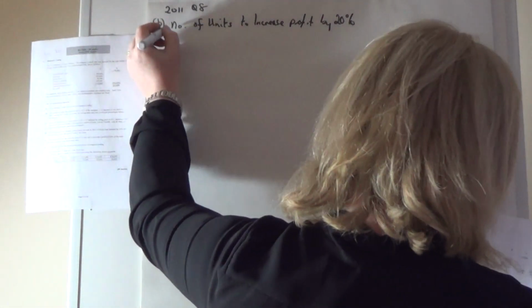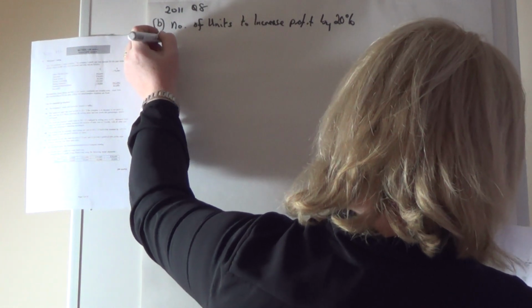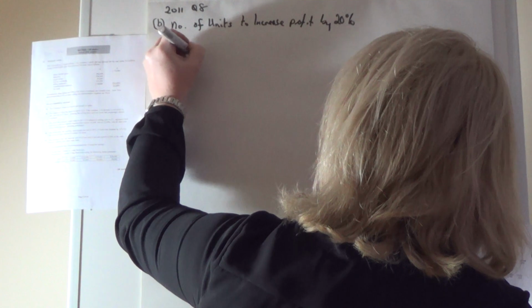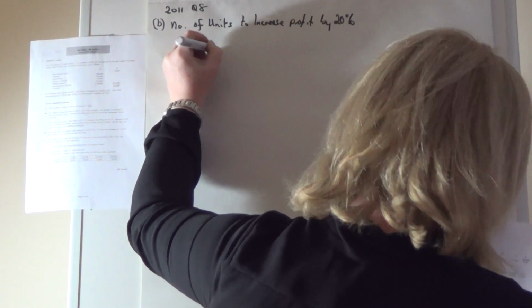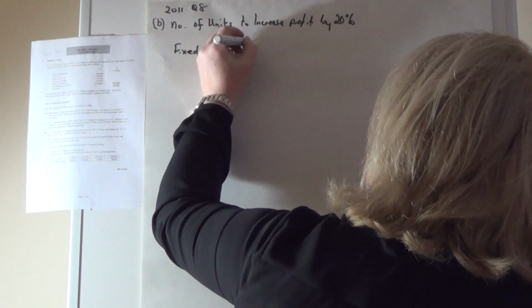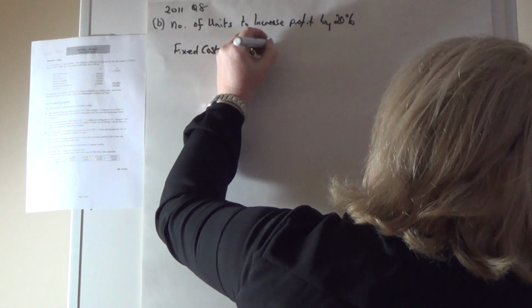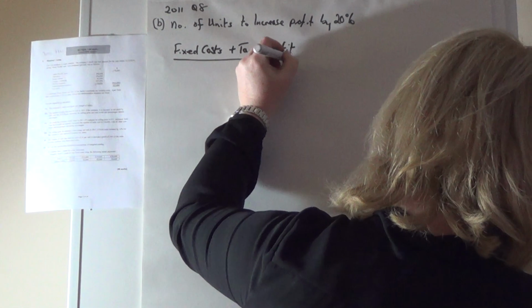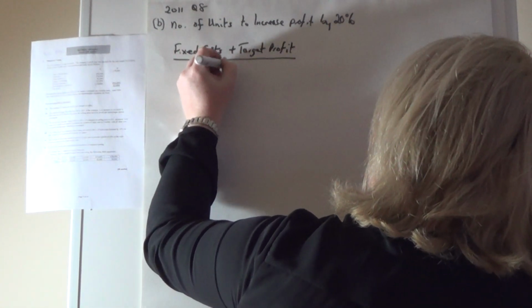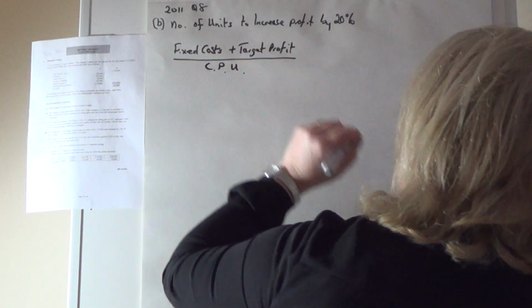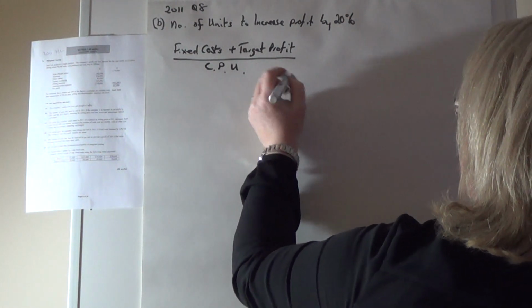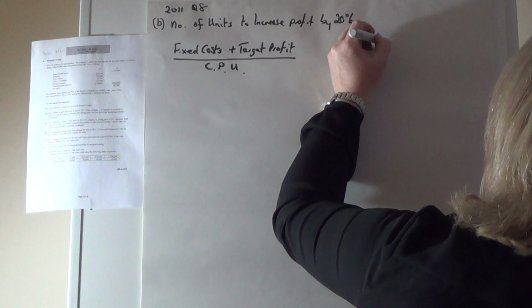Well, the formula for that then is your fixed costs plus your target profit divided by the contribution per unit. So what we want to do there first of all is get this targeted profit.